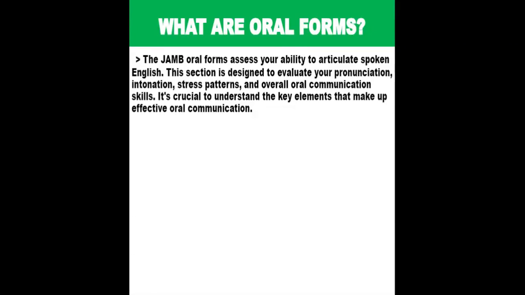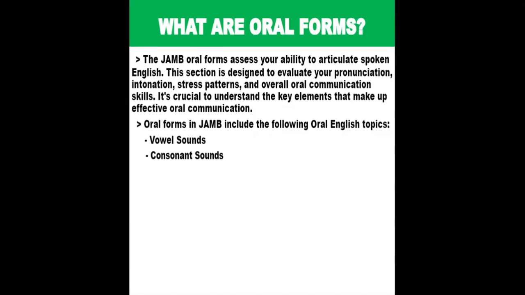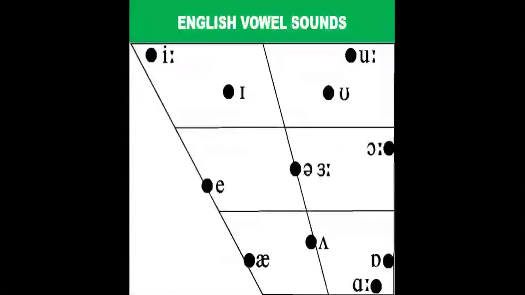It is crucial to understand the key elements that really make up effective oral communication. Oral forms in JAMB include the following oral English topics: vowel sounds, consonant sounds, rhymes, stress, intonation.